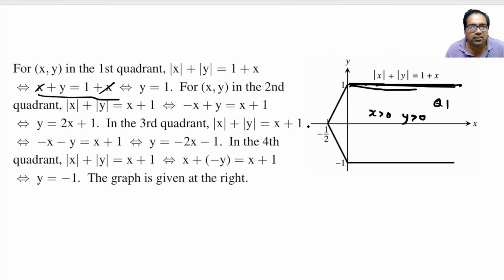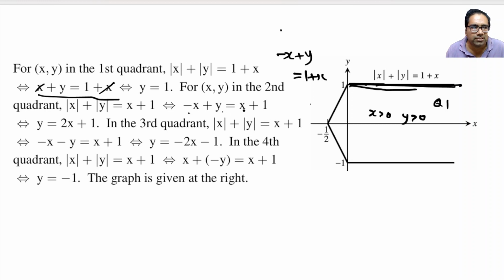When it is quadrant 2, that is here, x is less than 0, y is greater than 0. What does that mean? Absolute value of x is minus x. Y is greater than 0, so absolute value of y is y. So minus x plus y equals 1 plus x. What does that mean?